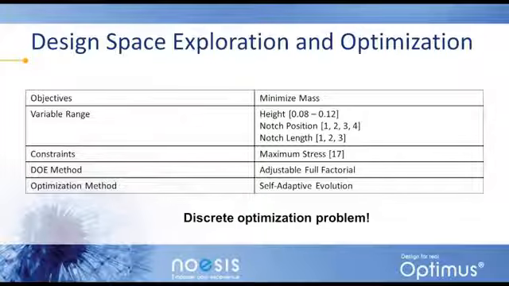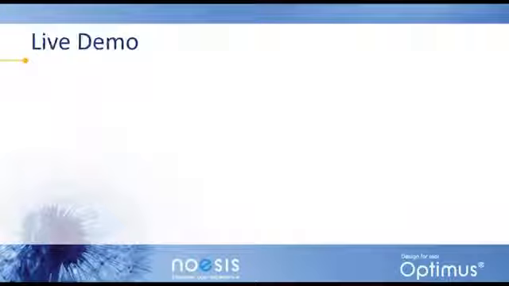And then the optimization method is another unique method inside of Optimus. It's referred to as a self-adaptive evolutionary algorithm. It works extremely well with discrete optimization problems. And so now we'll jump over and do a live demo.